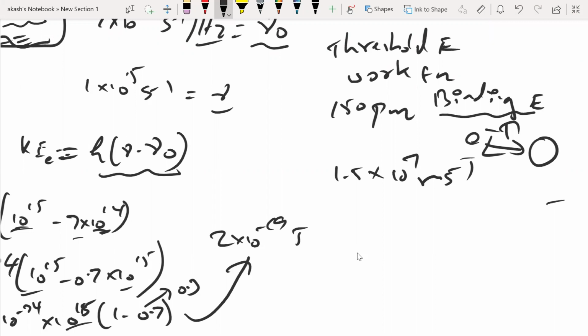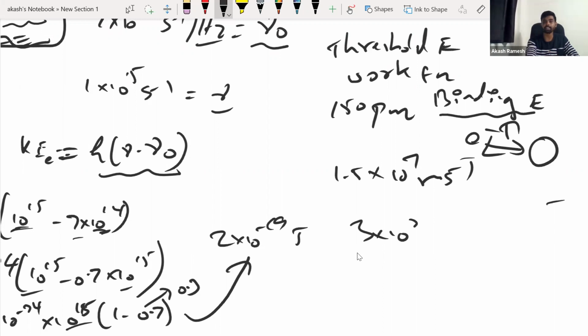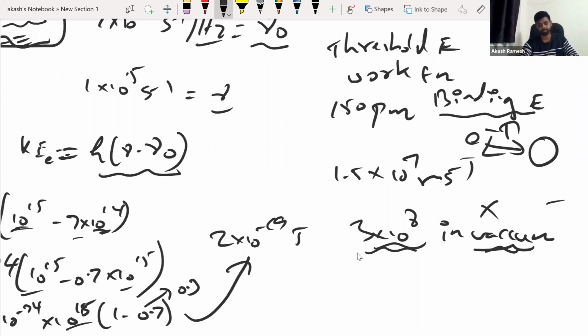Actually, we know the velocity of light, sir. See, the velocity of light is 3 × 10^8 in vacuum. Only if I have vacuum do I have that speed. If I don't know what the medium is, I don't know the speed, because different media have different speeds. Sir, this was to calculate the frequency.